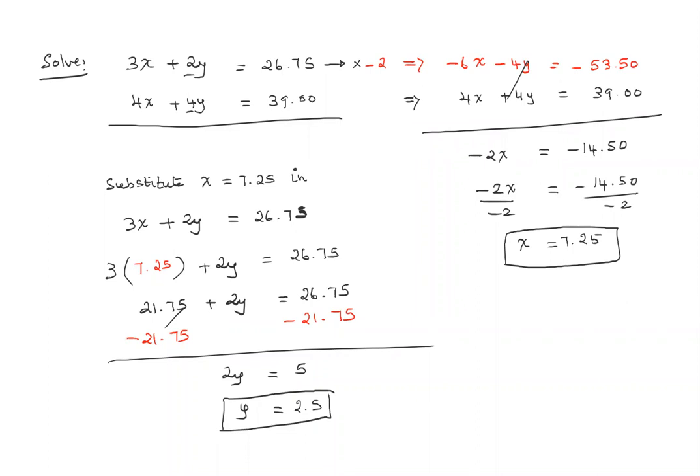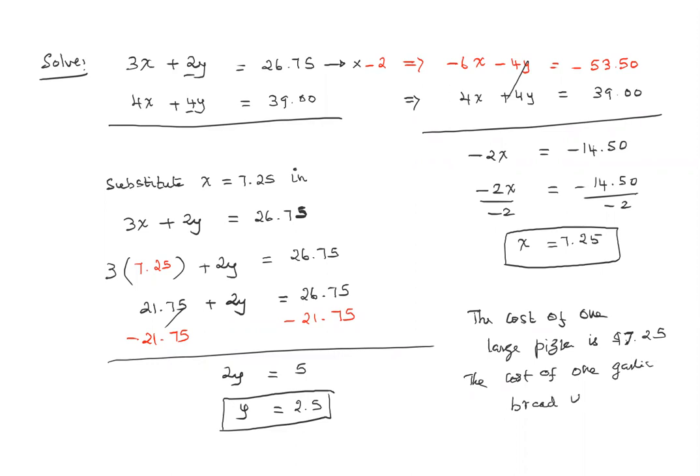So the cost of one large pizza is $7.25, and the cost of one garlic bread is $2.50.